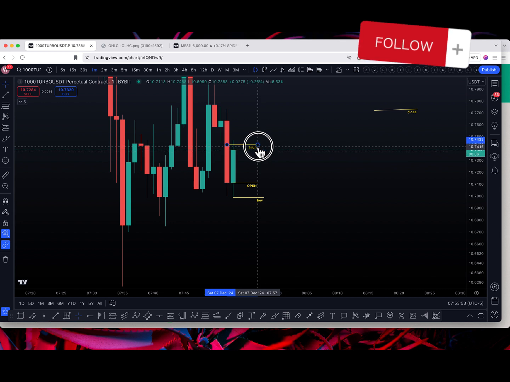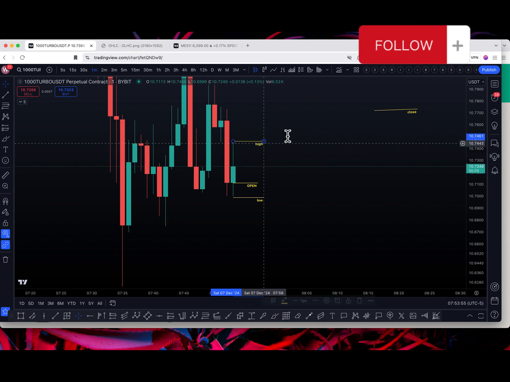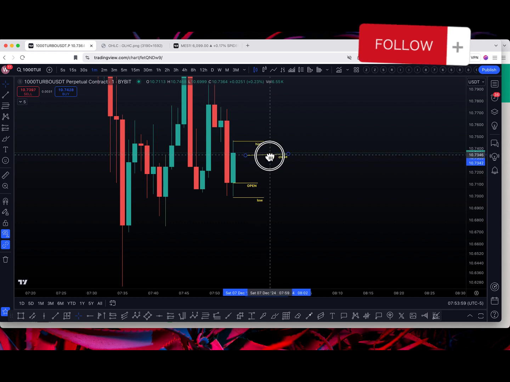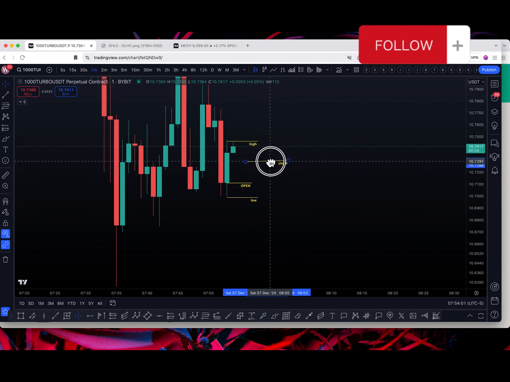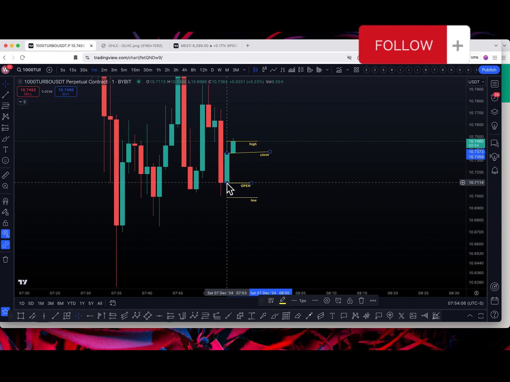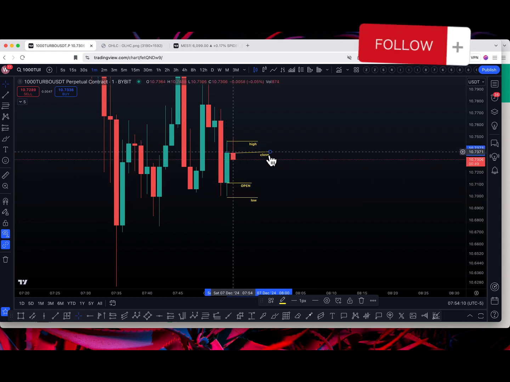So this is the high of the candle, and we are waiting for the close. And this is the close. So it's a bullish candle. This candle opens, went lower, then goes up, creates the high, then closes here.